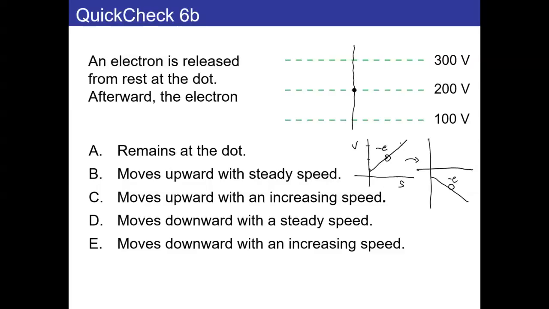Okay, so from this perspective then, which way will my electron go? To the right or to the left? It should go to the right, yeah? It should go to lower energy, right? So again, lower energy corresponds to higher potential. So we expect the particle should go upwards, okay? So that means that we're going to eliminate A and D and E. And the question is, does it go with a steady speed or an increasing speed?